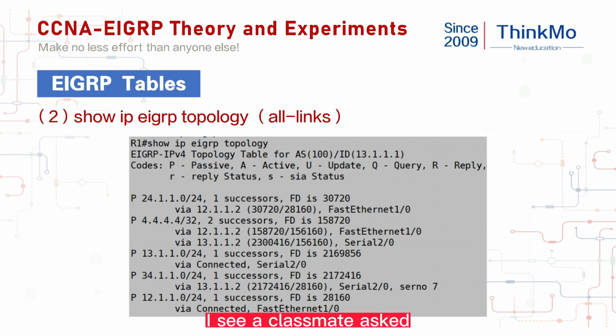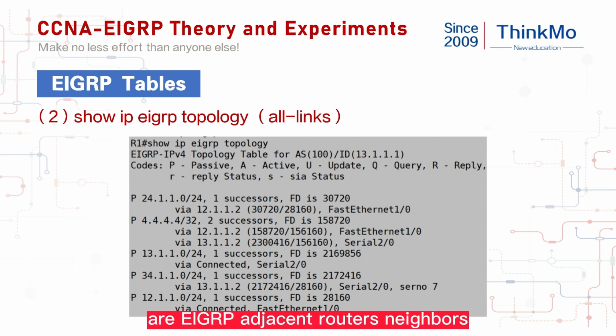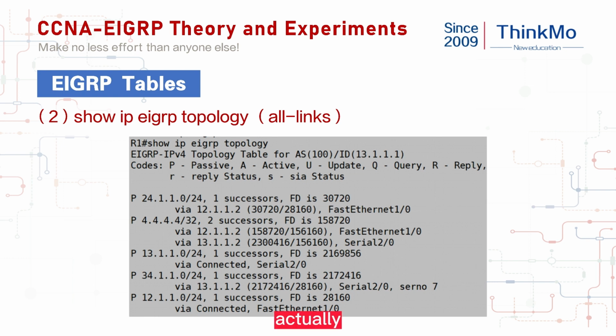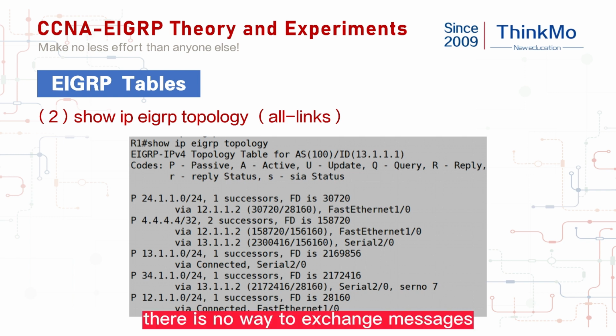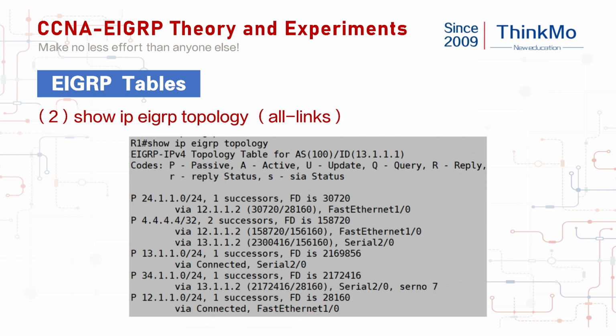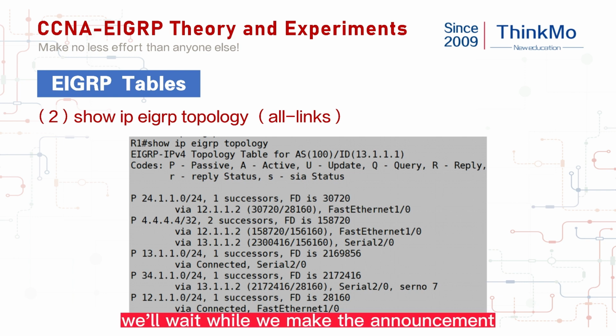I see a classmate asked, are EIGRP adjacent routers neighbors? Yes. The device will only exchange packets with its current adjacent router. Actually, the same is true for OSPF. They must be neighbors. Otherwise, there is no way to exchange messages. We'll wait while we make the announcement.